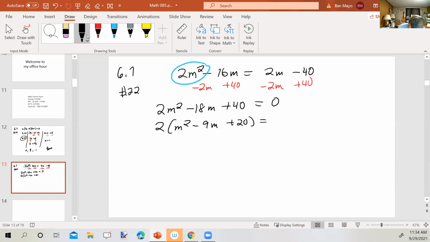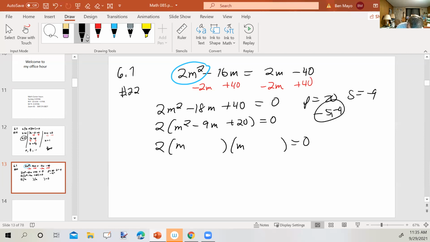Which gives us that. Now I have a trinomial in the parentheses left over. It's not a perfect square, but it does have a leading coefficient of a 1. So it's going to be 2 times m and then m. My product is going to be 20 and my sum is -9. So -5 and -4 would be the two numbers.